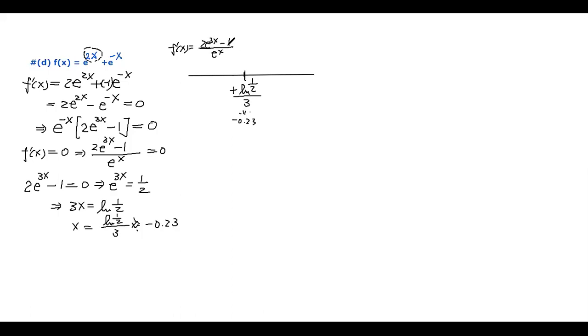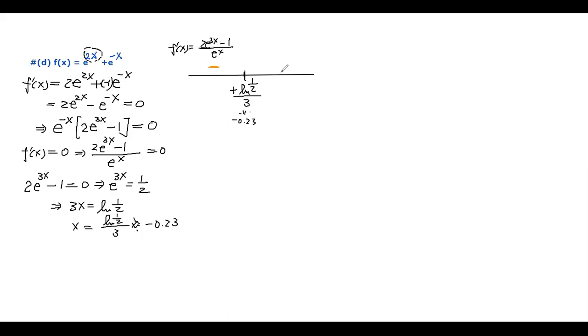All right. Because I know the denominator can never be 0, I choose any number. If I choose less than negative 0.23, then 2e^(3x) minus 1 will give me a negative number, because I only have one negative number here.